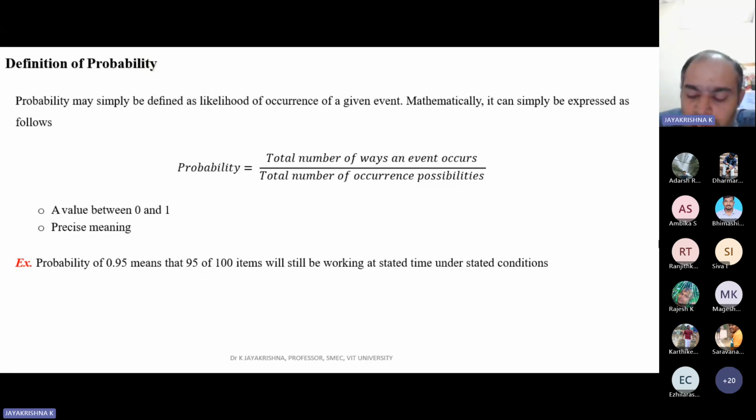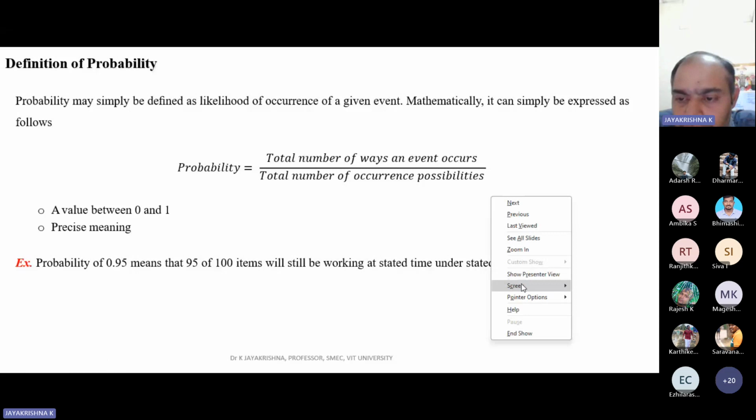And one important thing I always told you: probability, or the reliability, is always calculated at a stated time under stated conditions. This wording is very important here. I'd like to underline this: at the stated time under stated conditions.